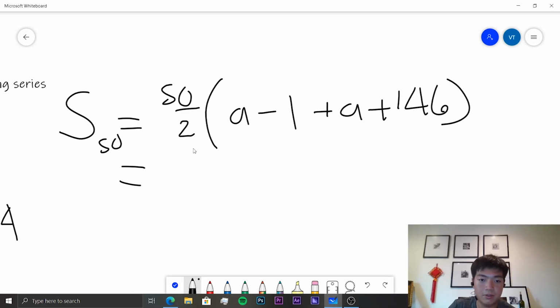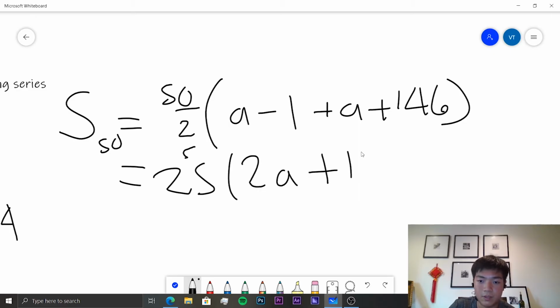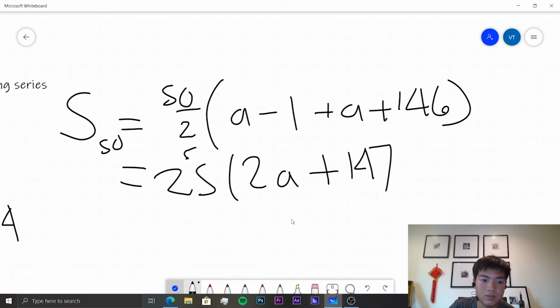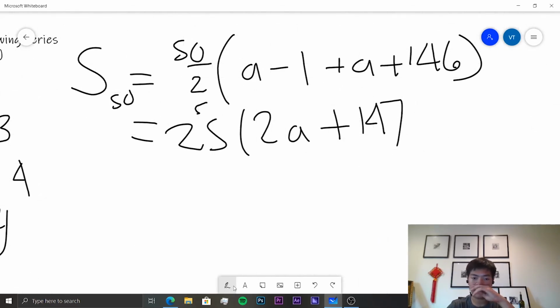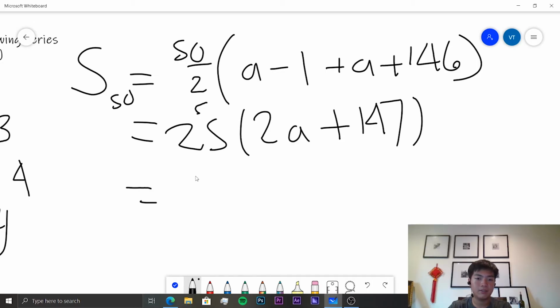So this will be equal to 25 times 2a plus 147. Sorry, is this 147? No, it's 146. Okay. Yeah. And so this would be equal to 50a, which is what we would expect if we're summing 50 terms with 1a in each of them. We would get 50a plus, well, 147 times 25.